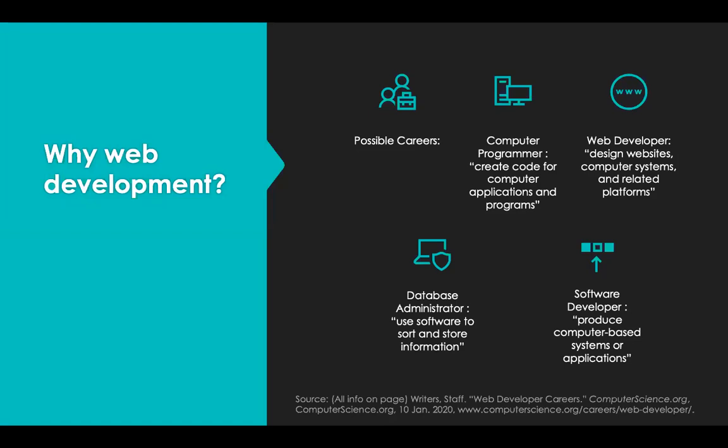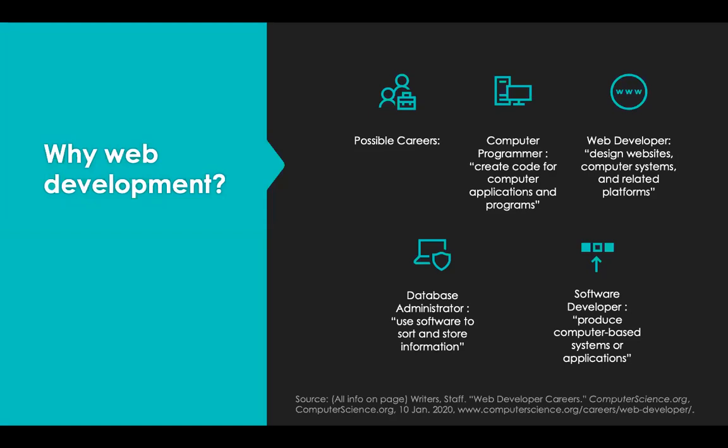If you go into web development, one possible career you could have is as a computer programmer, which would involve creating code for computer applications and programs. You could also be a web developer and focus on designing websites, computer systems, and related platforms.